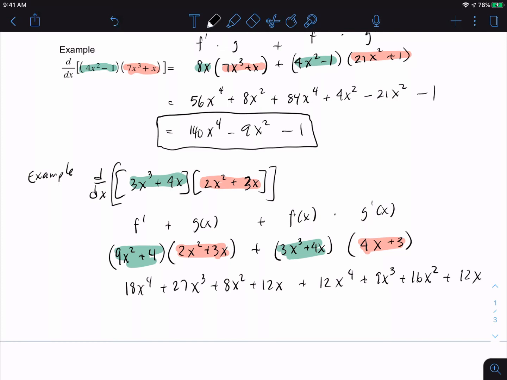I hope my expansion is correct. I think it is. So I should get 30x to the fourth, looks like 36x to the third plus 24x squared plus 24x.